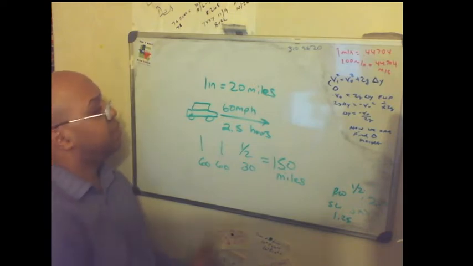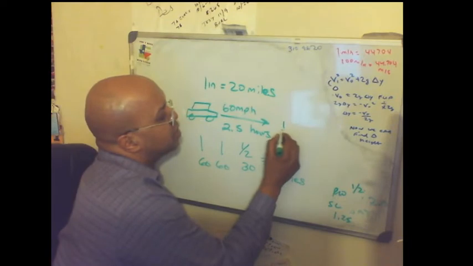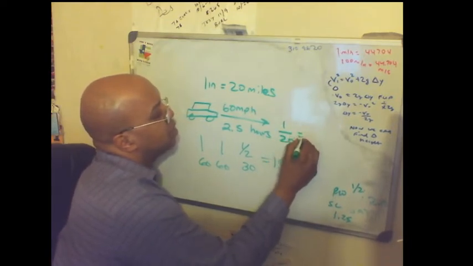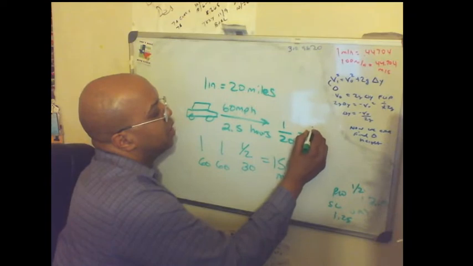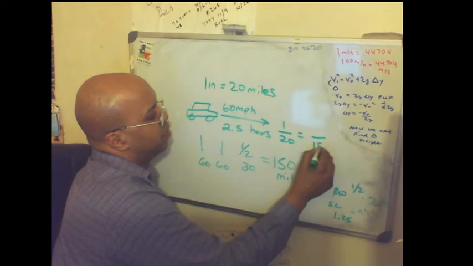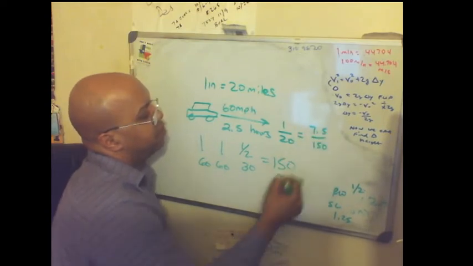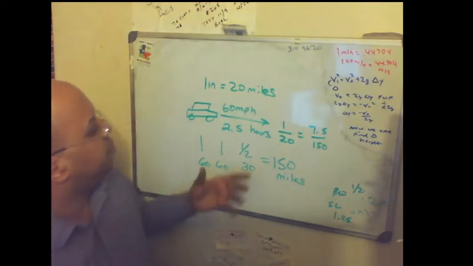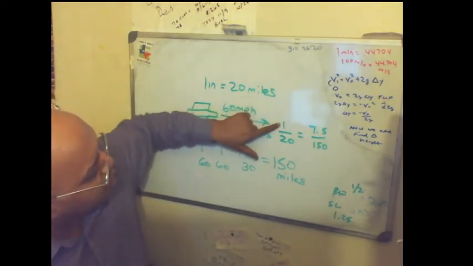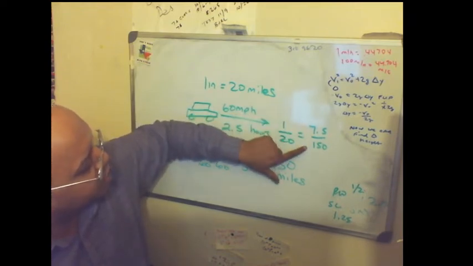I can see it because if 1 inch equals 20 miles, then we take 150 miles, it would be 7.5. And how you test it is, I put 1 over 20, so 7.5 inches equal 150.